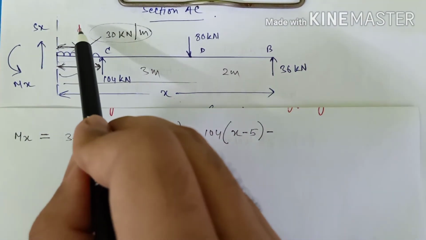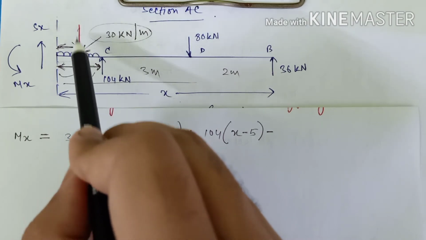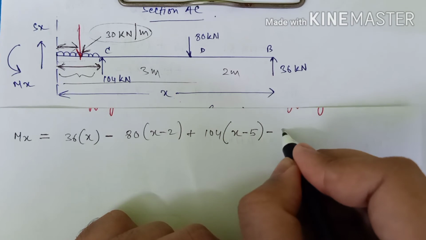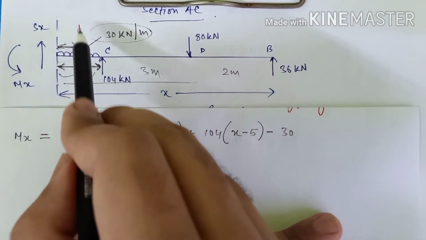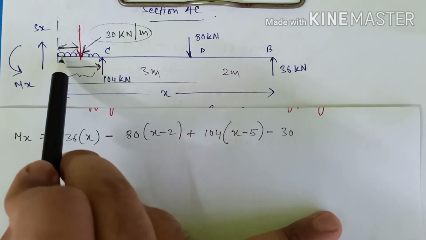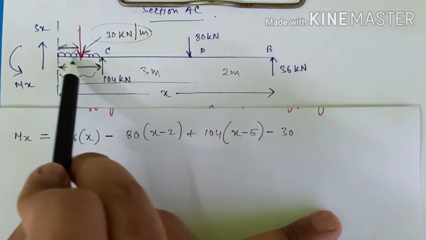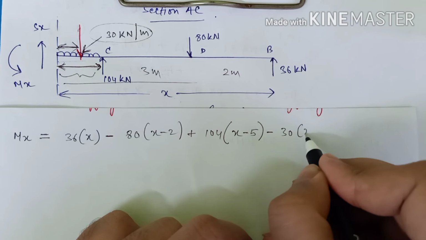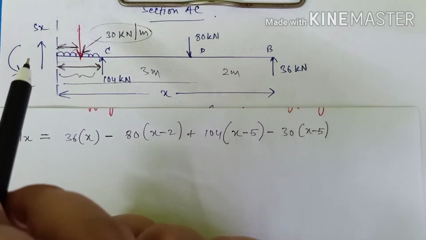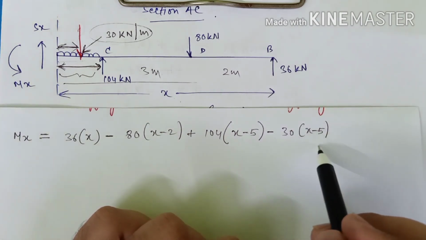So see guys, what is the magnitude of this force? The magnitude of this force is 30 multiplied with this distance. This was x minus 5 as we did earlier, right? Now see one thing guys, this is the magnitude of the force.